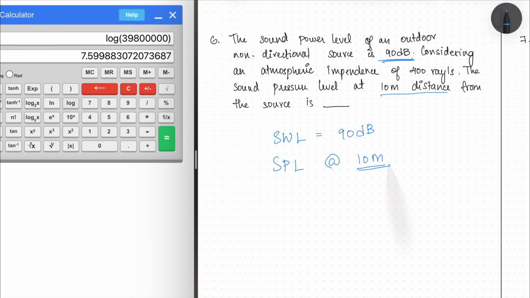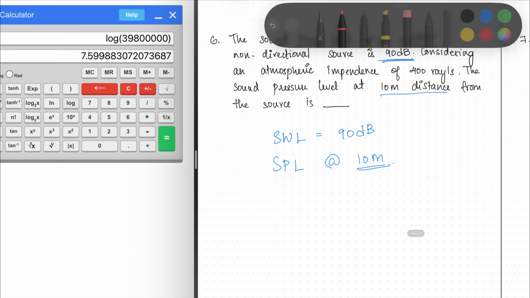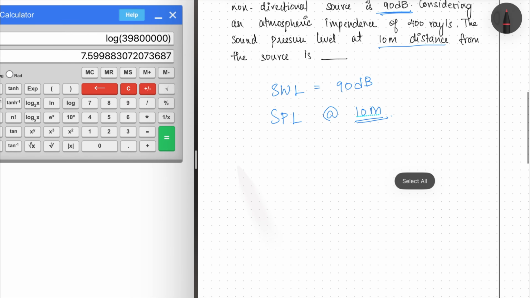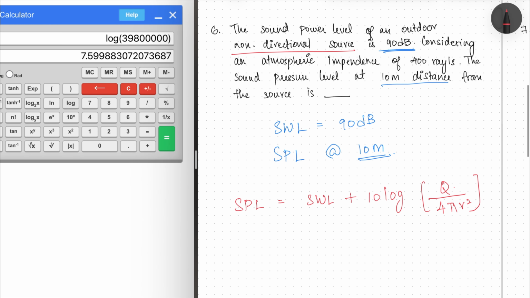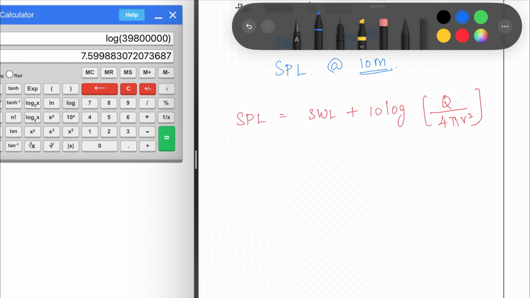And we also talked about the formula for this in our last video, where your sound pressure level is equal to sound power level plus 10 log of Q by 4 pi r square, and Q for a non-directional source is 1, and here it's a non-directional source, so we have to just apply it here.